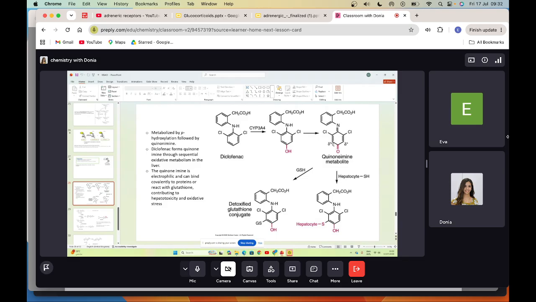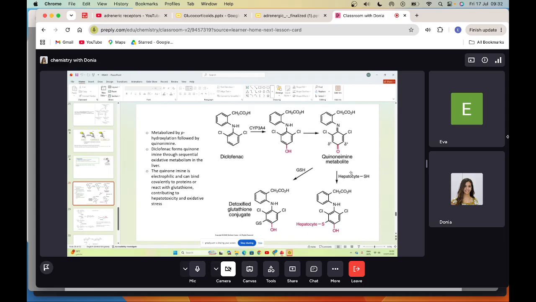Why? Because these two carbons, which are highly electrophilic, can react very quickly with any nucleophile inside your body. And actually, your body has many nucleophilic centers in the proteins and your DNA, right? So this metabolite easily reacts with hepatic proteins inside the liver, causing hepatotoxicity.